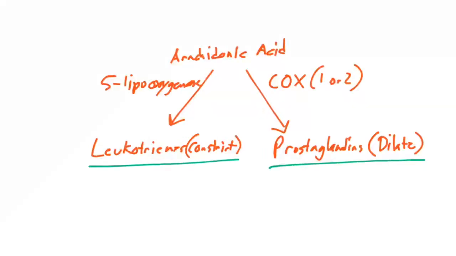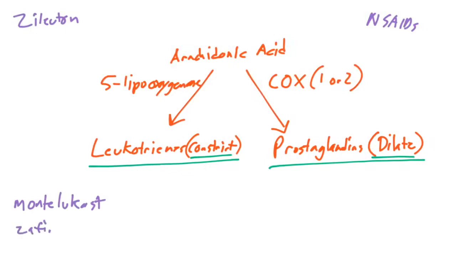Now there are 3 relevant drugs that can alter this constriction and dilation balance between the leukotrienes and the prostaglandins. So first we'll talk about NSAIDs, and then we'll talk about Zileuton and the leukast drugs, including Montelukast and Zafirlukast.